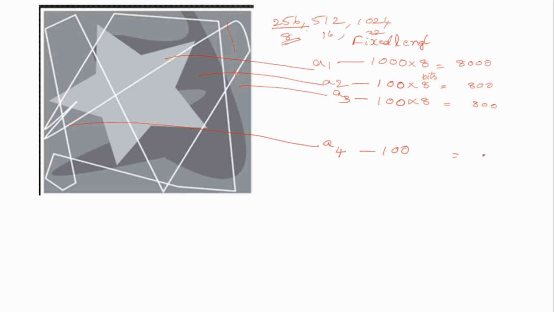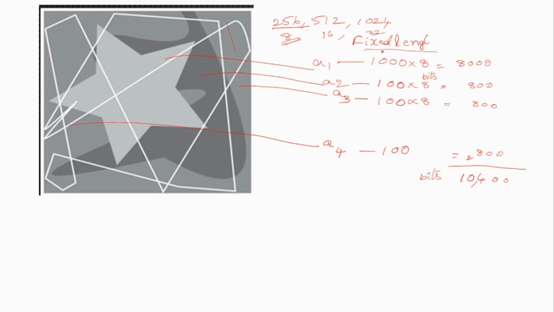Similarly, A4 is also 800. Then the total number of bits required in fixed length coding is 10,400 bits to represent this image.